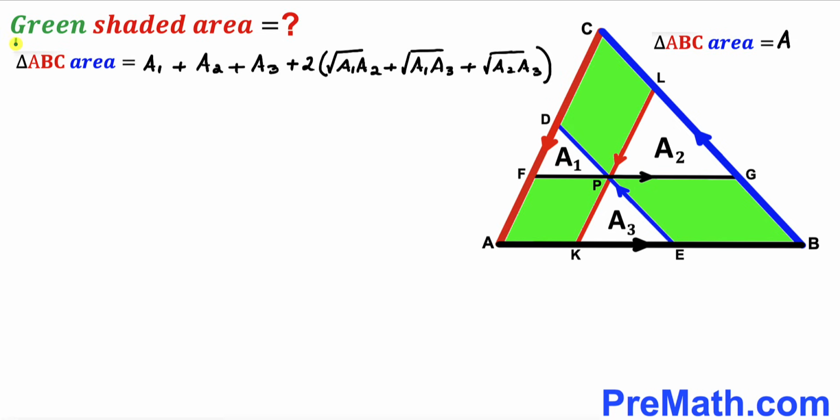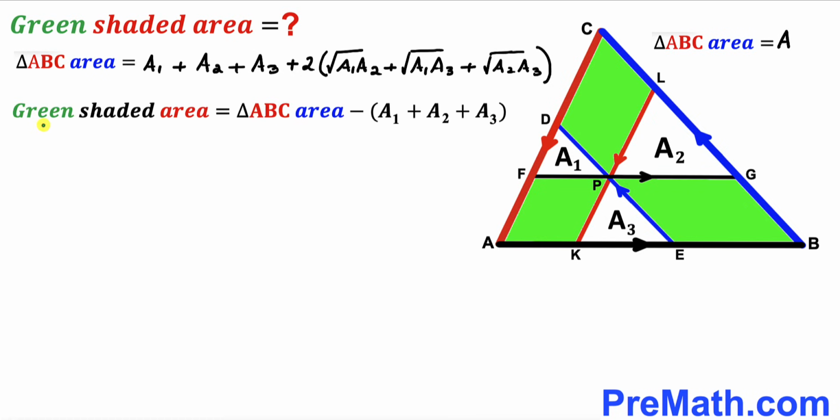Now we are going to calculate the area of this green shaded region combined. And now let's recall this equation once again. The green shaded region area combined equals the triangle ABC area minus the sum of these individual areas a sub 1, a sub 2 and a sub 3.